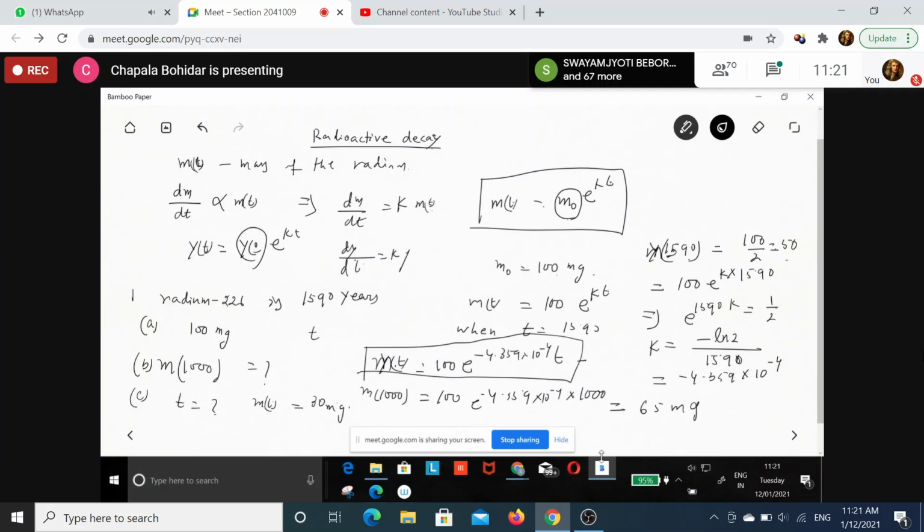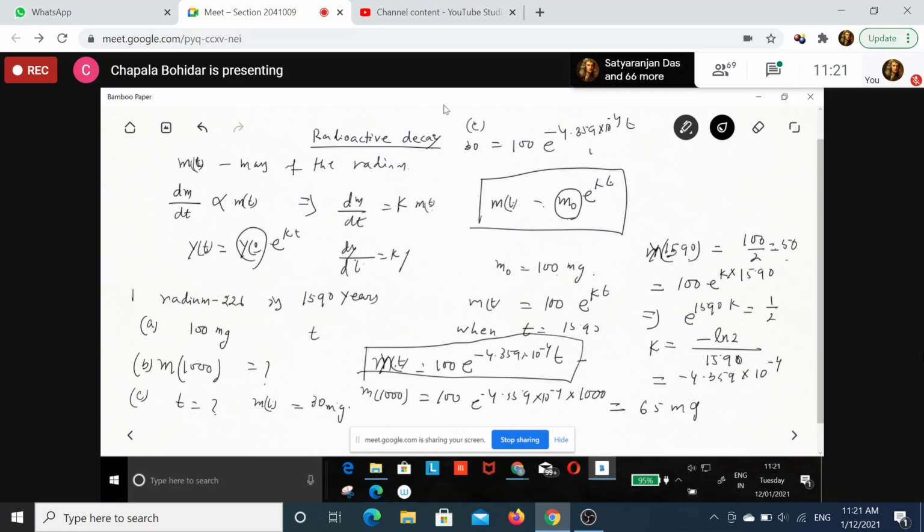Then the next question: when will the mass be reduced to 30 milligram? At what time? I'm writing directly, this is bit C. 30 milligram is equal to 100 e to the power minus 4.359 into 10 to the power minus 4, then t.